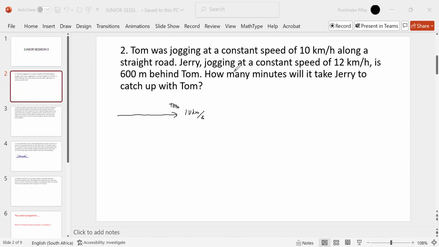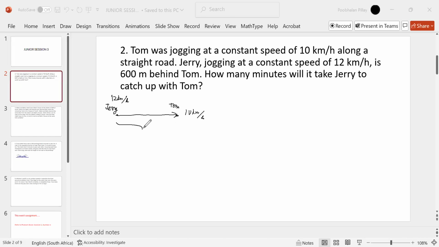Now, Jerry, jogging at a constant speed of 12 kilometers per hour, is 600 meters behind Tom. So you have Jerry here somewhere, behind Tom, and he is traveling at 12 kilometers per hour.